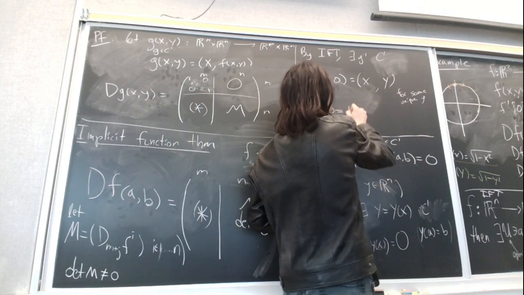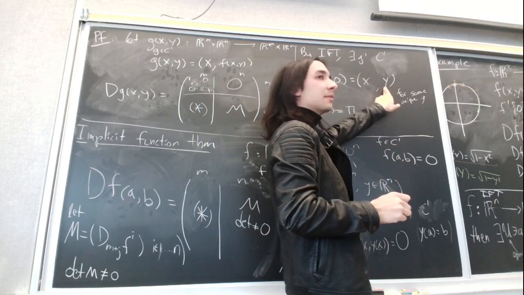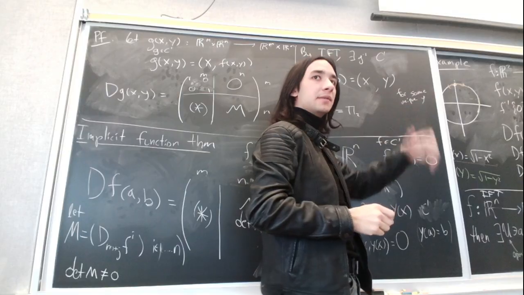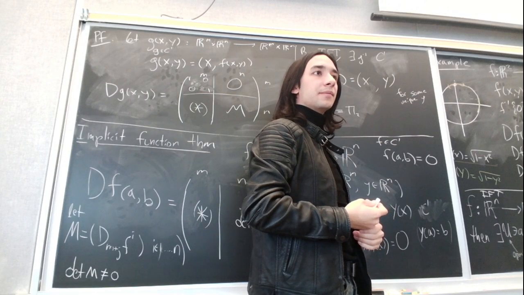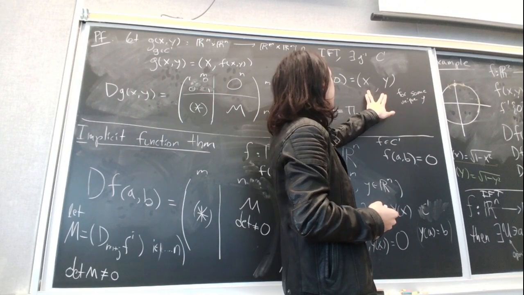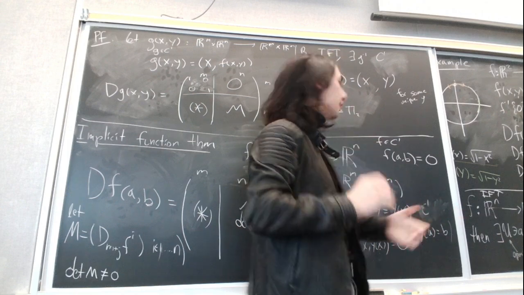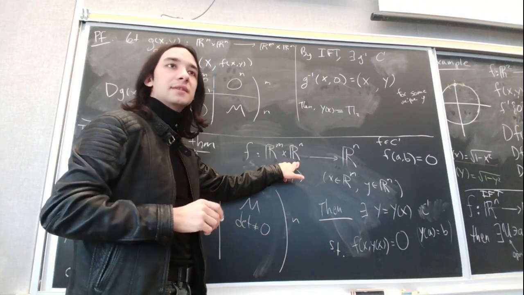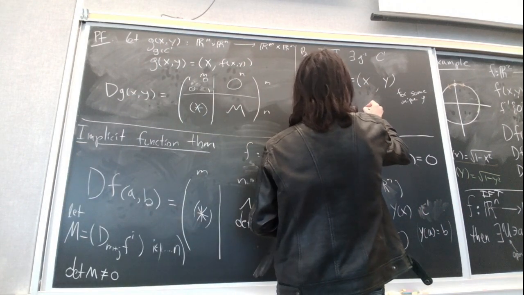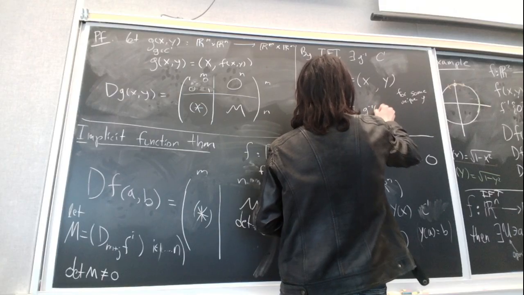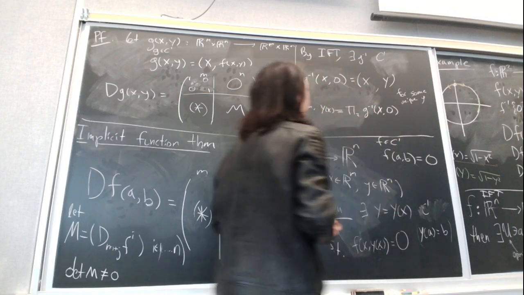Are you guys okay with this notation, as in projection onto the second component? Just start with (x, y) and just take y. It's like the projection onto R. Yes? Okay. So just the projection of G inverse of (x, 0), right?